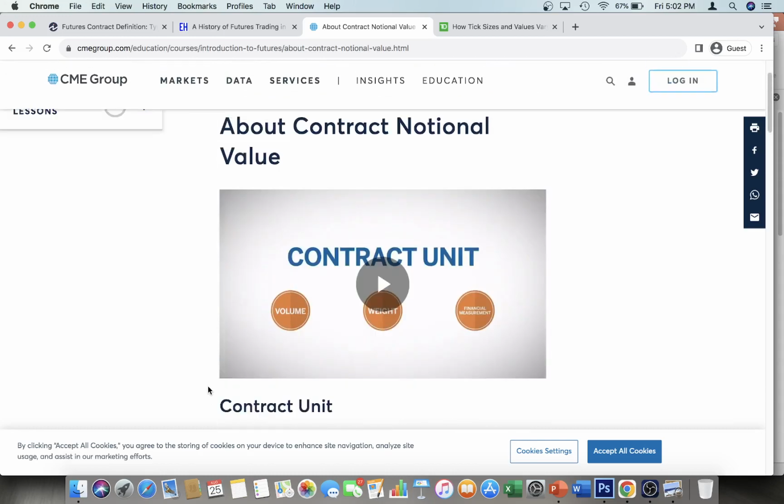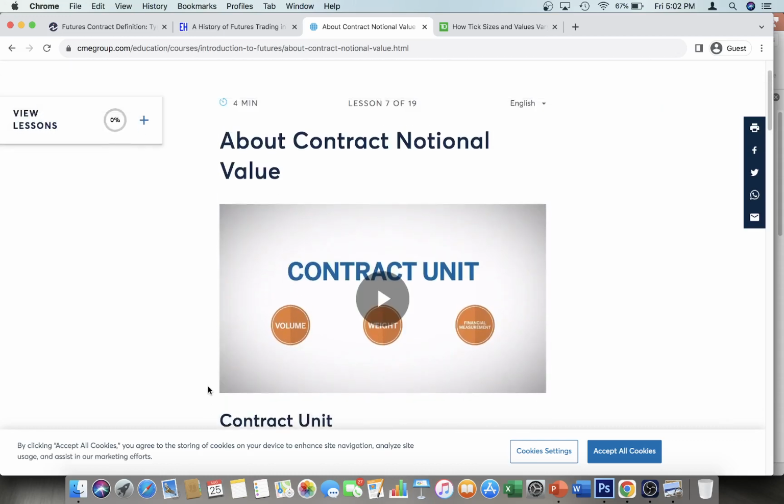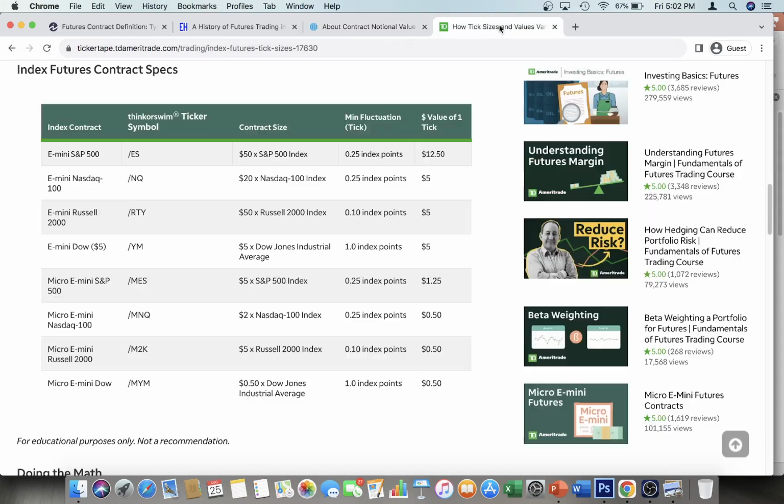You can determine that by going to websites like the CME Group. I also pulled up this chart from TD Ameritrade, and they broke down tickers and the fluctuation per tick. For the E-mini S&P 500, again, it's $50 per point, and the minimum movement is a quarter point, so each tick is $12.50.